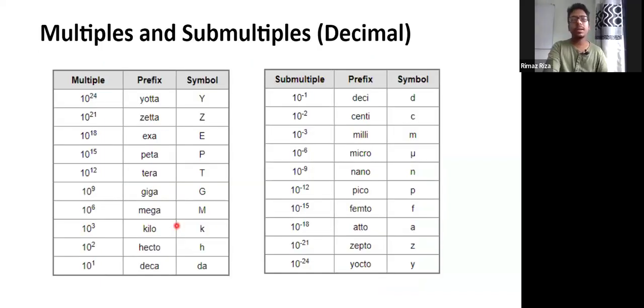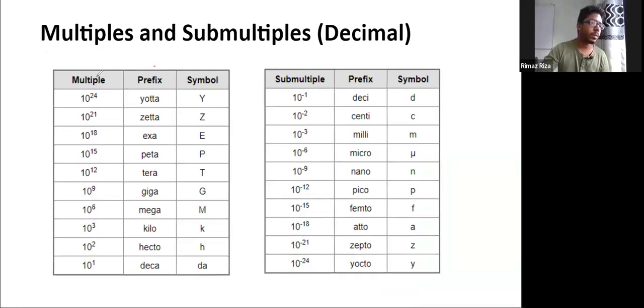Okay, and then multiples and submultiples. So in general we call them prefixes. These are multiples and submultiples. Both together we can call prefixes. In your previous grade in English class you may have learned prefix and suffix.